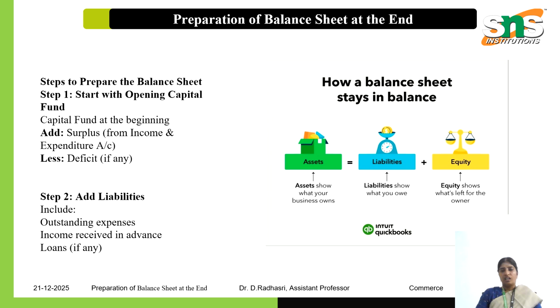Next, the balance sheet is a stage of balancing by giving the assets, liabilities and equities. Liabilities should include outstanding expenses and income received in advance, and loans. The surplus can be taken from the income and expenditure. If we want to reduce the deficit, any amount should be converted by giving the proper manners of the surplus. It should start with the opening capital funds.